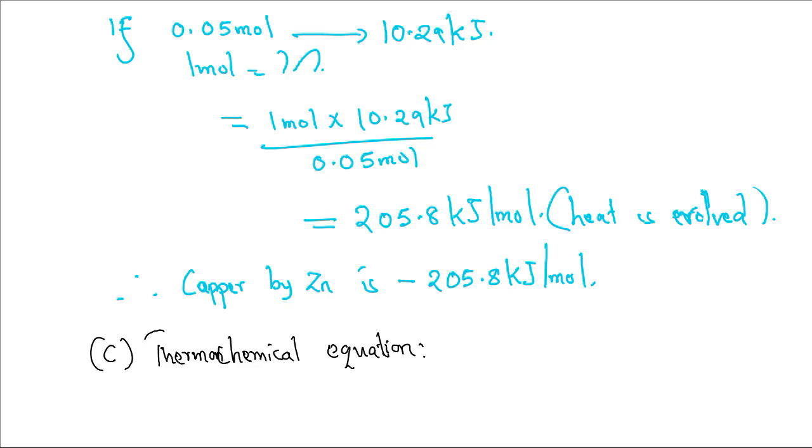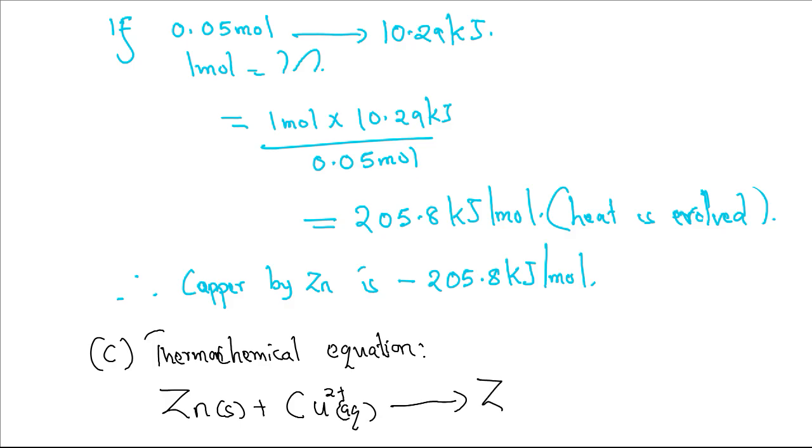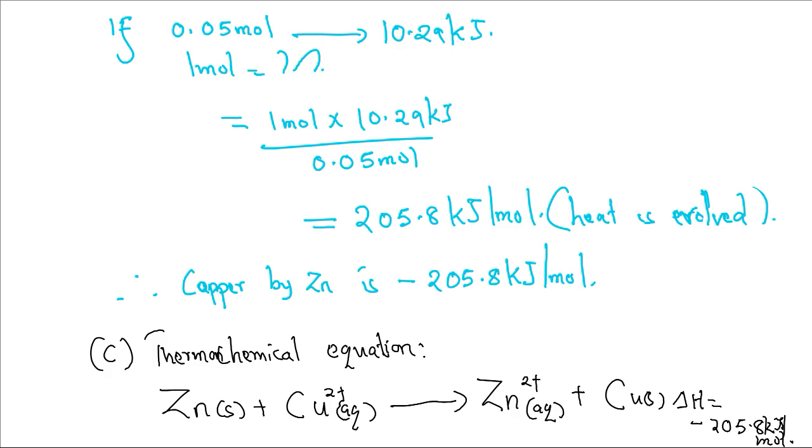That is zinc solid plus copper 2 ions in solution gives zinc ion plus copper solid, delta H is equal to negative 205.8 kilojoule per mole. That is the thermochemical equation.